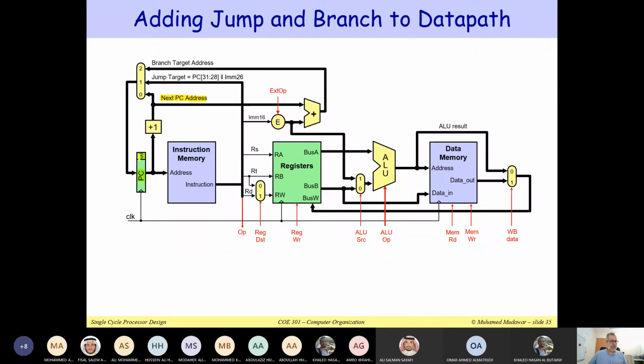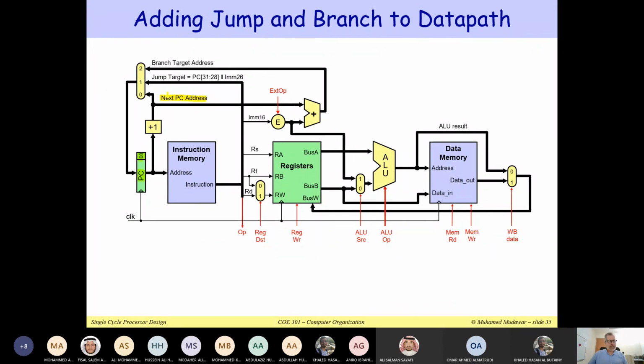Notice that the least significant 2 bits are always 0, 0. So by adding 1, we are really adding 4 to the PC to point to the next instruction in memory, because the least significant 2 bits are always 0, 0. So in fact, we are adding 1, 0, 0 in binary, which is 4 in decimal. Right. So this is if we don't have a jump, if we don't have a branch, that's what we do normally.